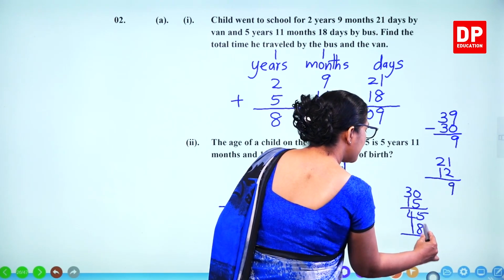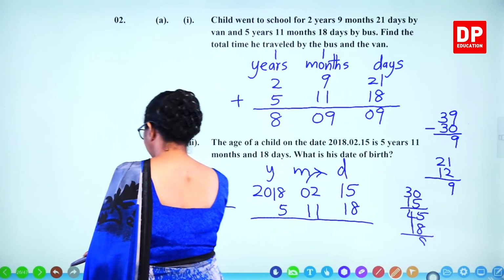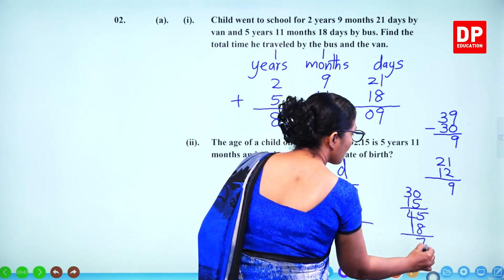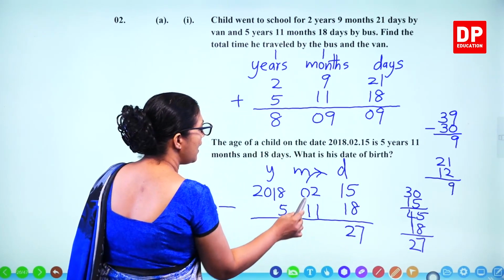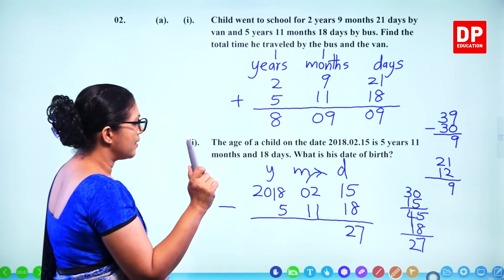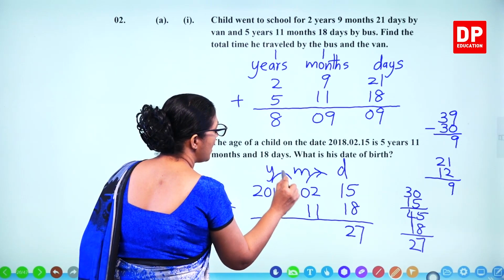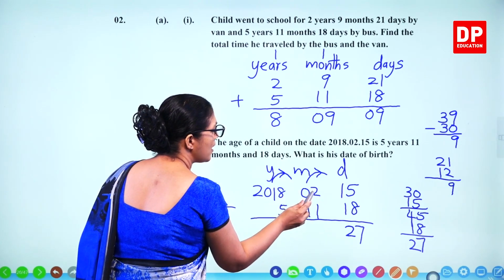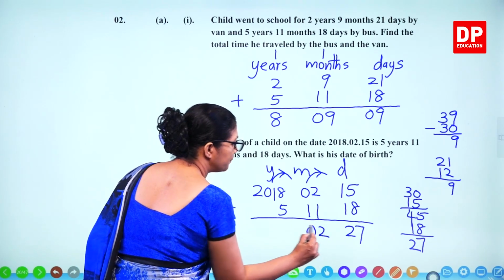45 minus 18 is 27. Then this becomes 1 month. Again, we can't do anything. We have to take 1 year from that. That means 12 months. 12 plus 1, 13. 13 minus 11, that's 2.